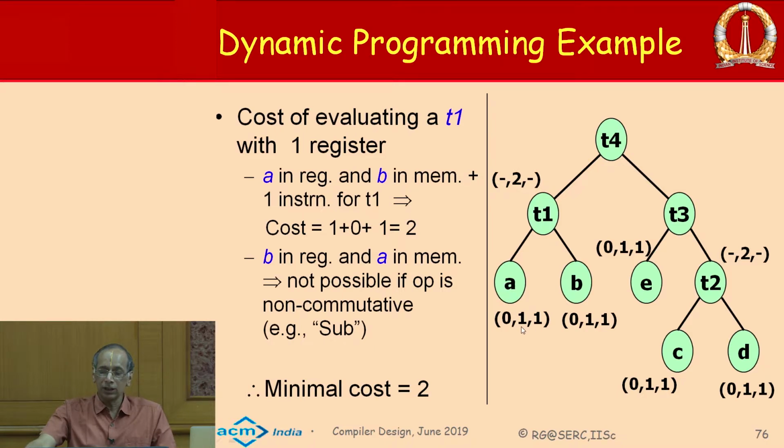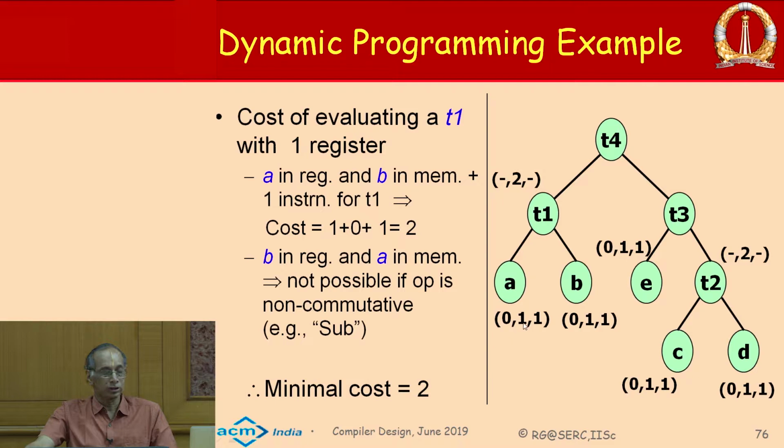That means that using one register the cost of computing A is 1. Using 0 registers, since B is already in memory, the cost of computing this is 0. Therefore, the cost of computing T1 is basically 1 plus 0 plus 1.